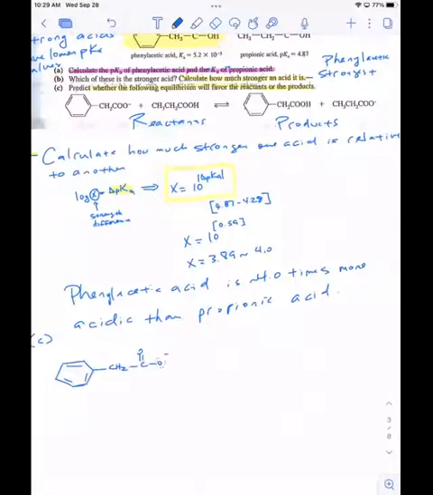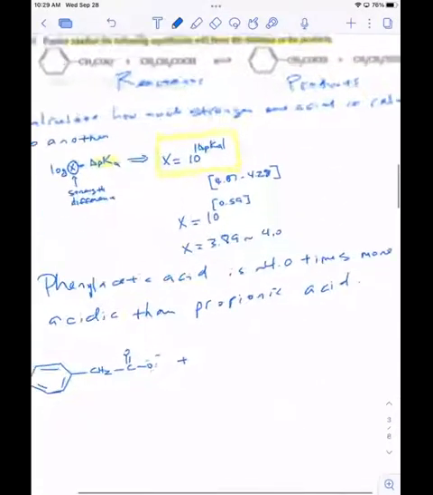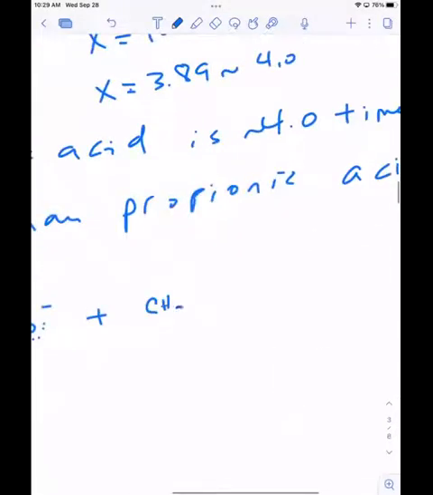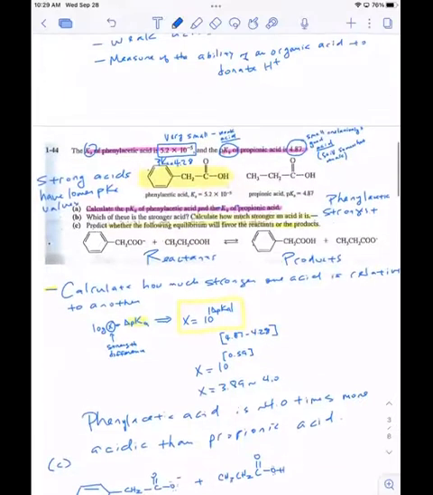So that plus propionic acid, which is CH3, CH2, C double bond O, OH. All right. And everybody is in agreement because I just had this discussion with the 9 o'clock class about functional groups. So hopefully everybody here is a little bit more comfortable with functional groups.